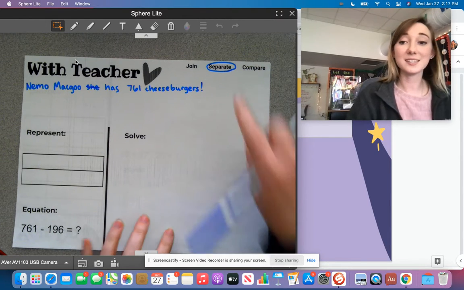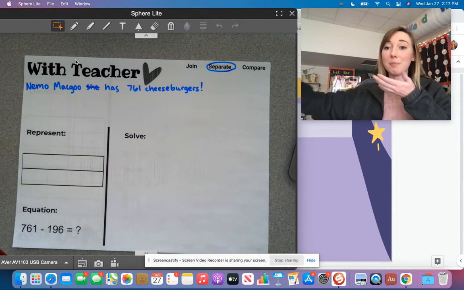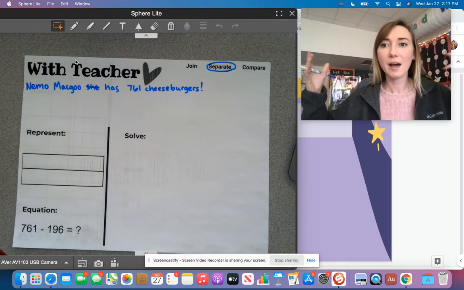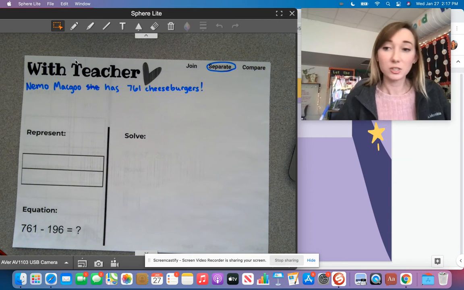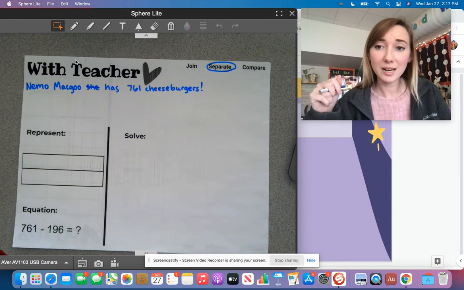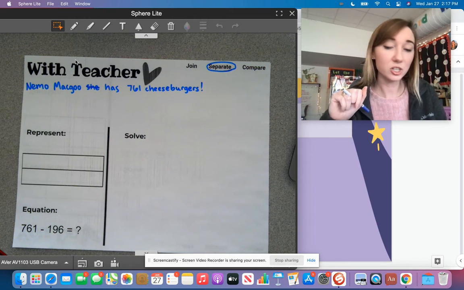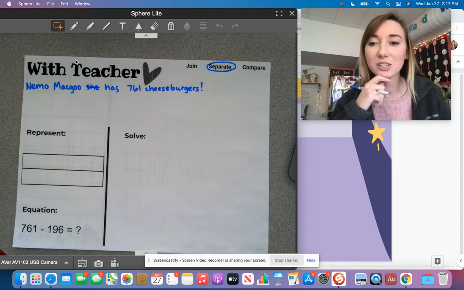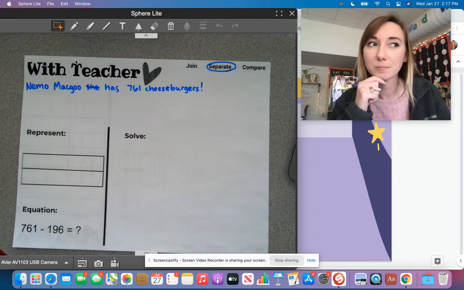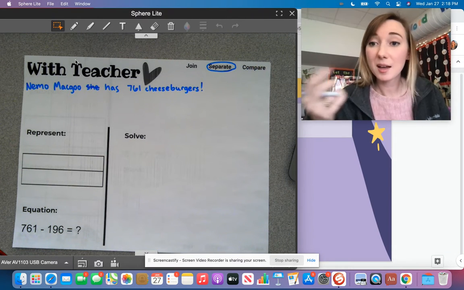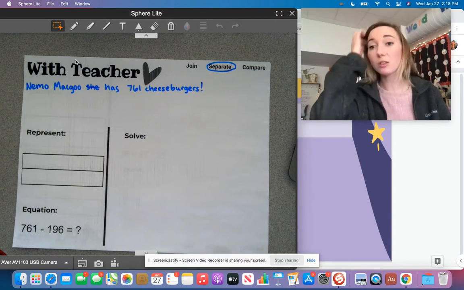Then we are going to separate. So we have to separate some of those cheeseburgers, right? What's going to happen to them? Do y'all think she's going to eat 196 cheeseburgers, or do y'all think she's going to share them with someone? Go ahead and shout out what she should do. She could eat some, she could share some. Maybe she lost some of them.